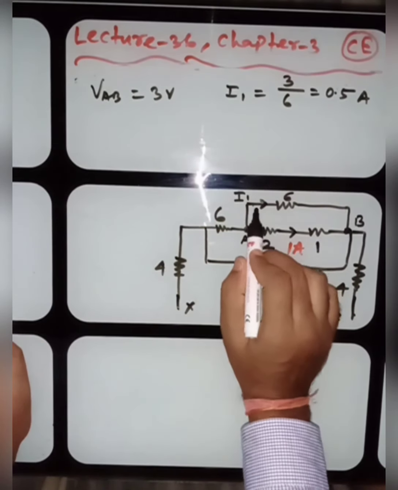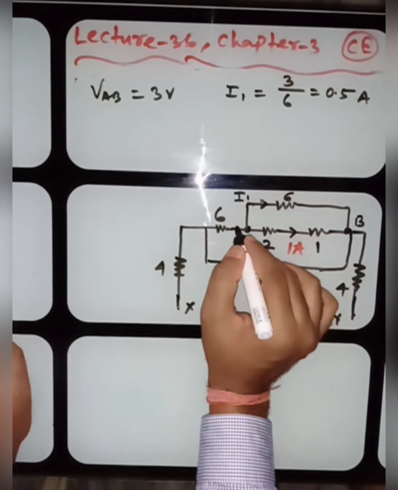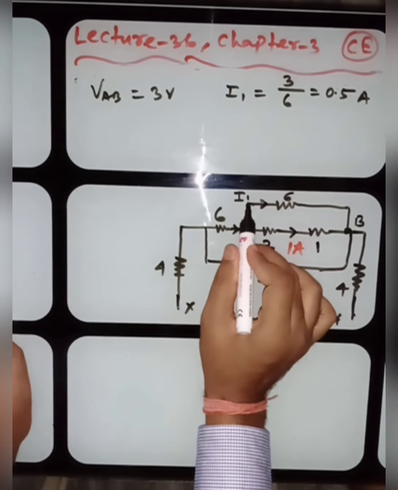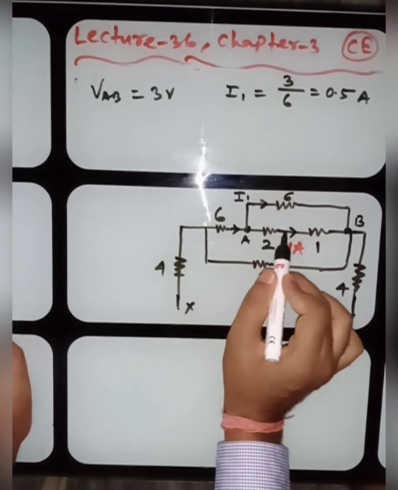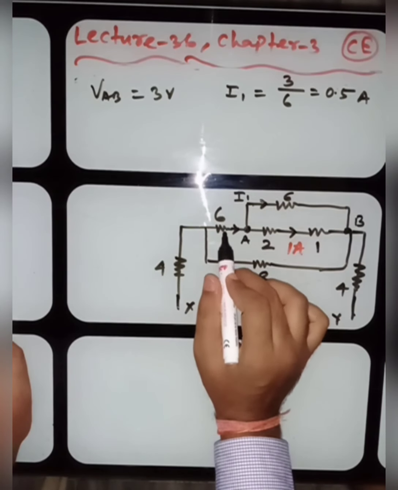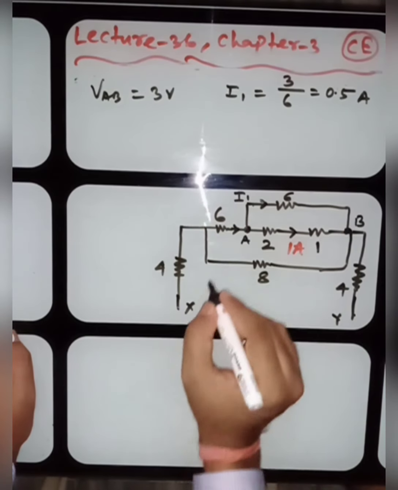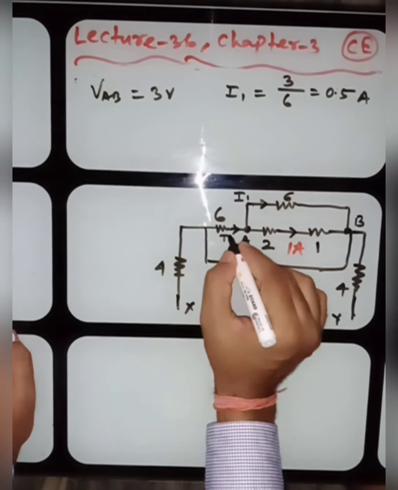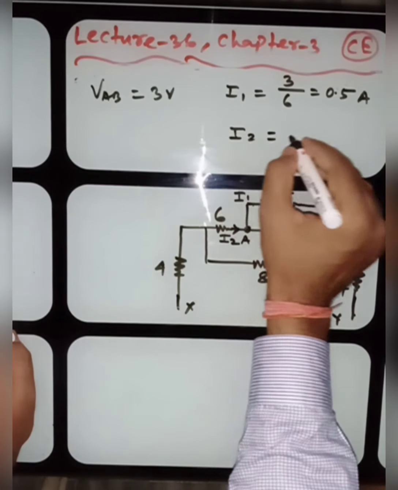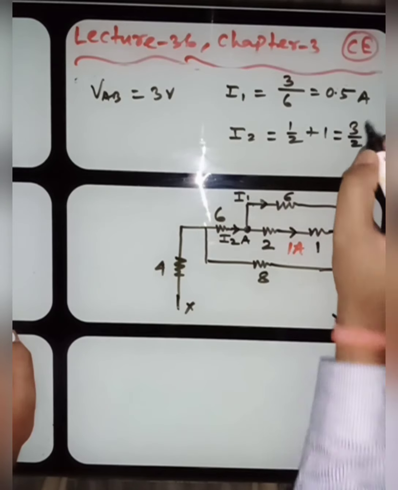So the 1 by 2 ampere is moving here and the 1 ampere is moving here. How much current is given by this one? Because half ampere goes in this direction and 1 ampere goes in this direction, the total current given by this resistor is 1.5, that is 3 by 2. Suppose this is current I2, so I2 must be half plus 1, 3 by 2.